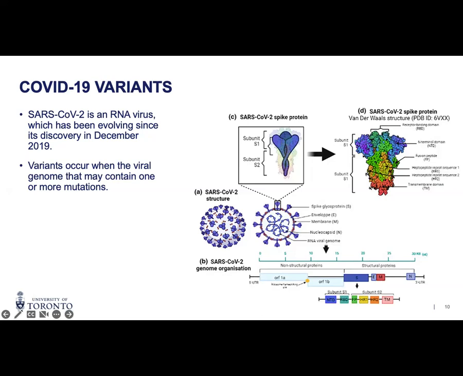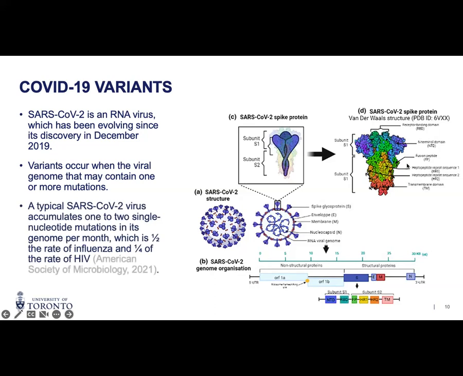You can see that there's two large open reading frames, ORF1A and ORF1B, which encode the non-structural proteins separated by a ribosome frameshift site, and there's genes encoding the structural proteins, S for spike, E for envelope, M for membrane, and N for nucleocapsid. And up here we have the schematic representation of the SARS-CoV-2 spike protein. We can see that the spike protein has two subunits, S1 and S2, and we have this crystallographic structure of the SARS-CoV-2 spike protein.